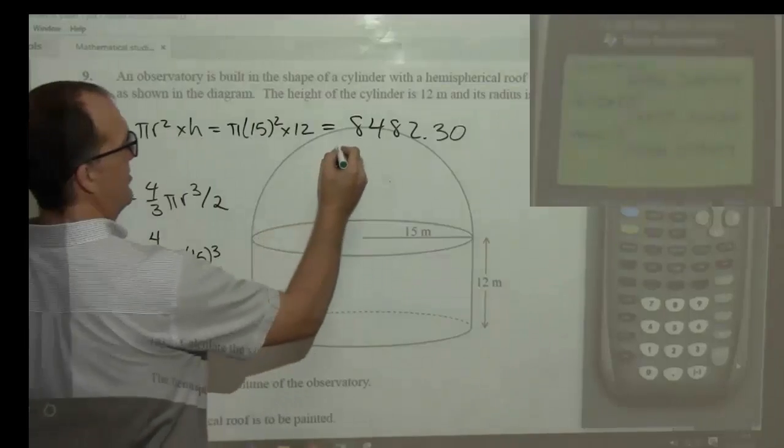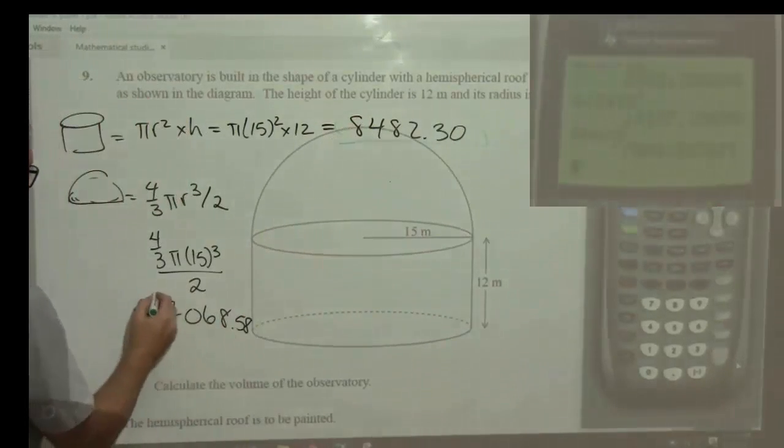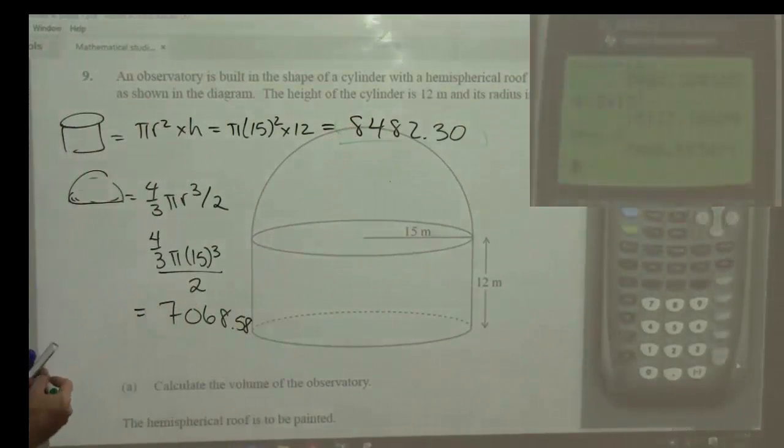So I have these two numbers that are our two volumes, and we just need to add them together. We can make them three significant figures at the end, but first let's add them together.